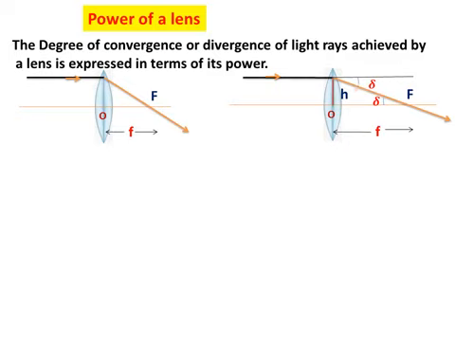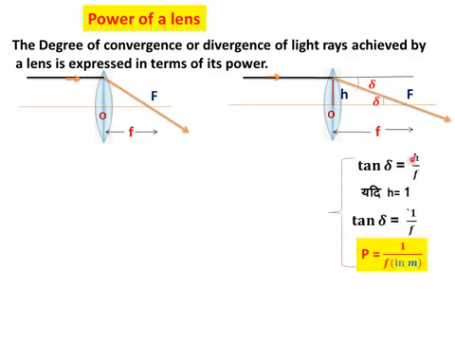Clearly we have tan delta is equal to h upon f. We know tan theta is equal to perpendicular upon base. So here we have perpendicular h and base is f.